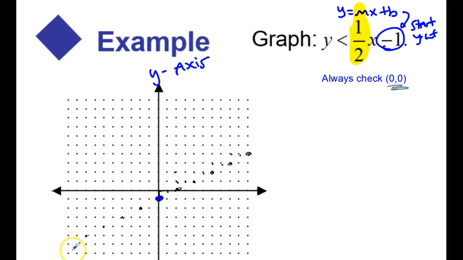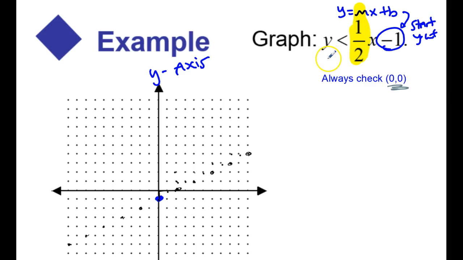And then I'd pull out a credit card or student ID and try to draw a nice straight line. However, that is not the line I need.